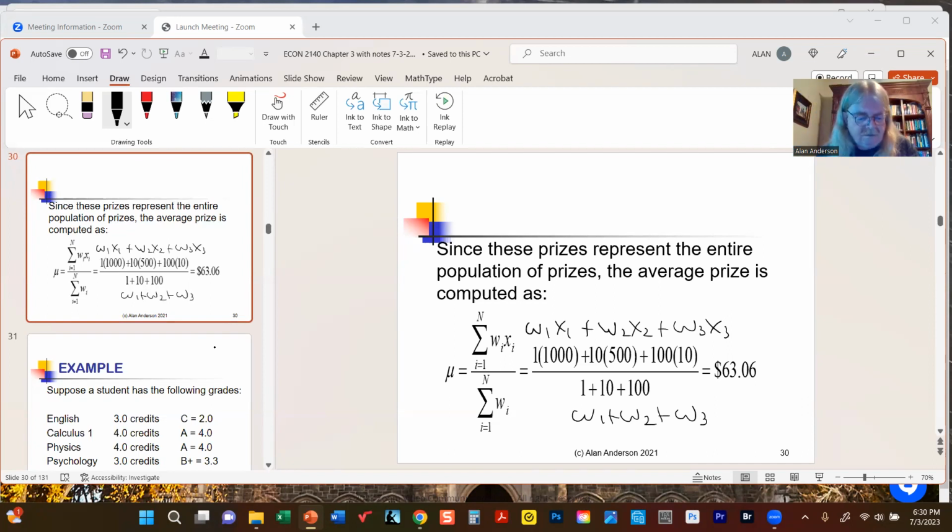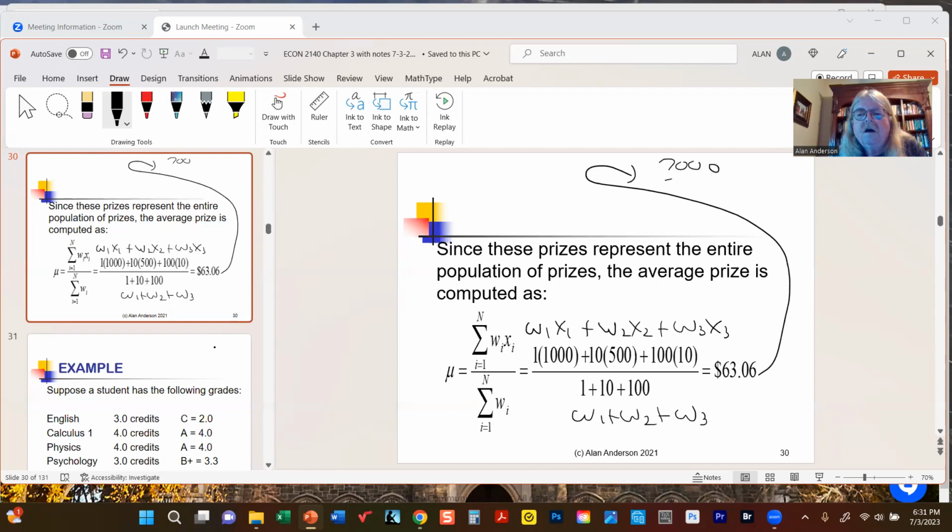In the numerator, you've actually got 7,000 over 111. And rounding to dollars and cents, of course, that's 63.06. So the average prize in this lottery is $63.06.